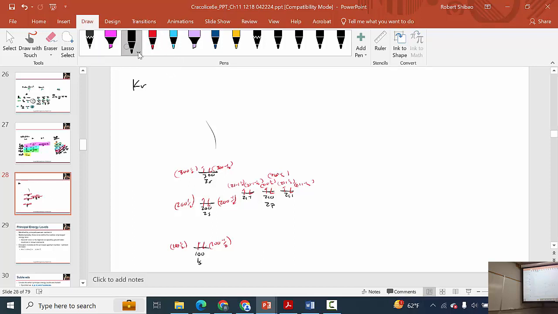Then 3p. Slightly higher in energy are the 3p orbitals, and so we're going to have 3, 1, negative 1; 3, 1, 0; and 3, 1, 1. Those are my 3 orbitals. These are full too.